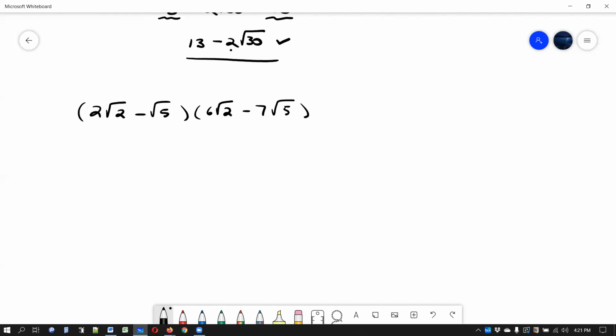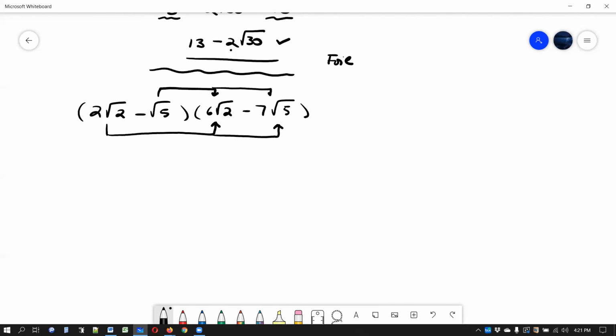Okay. Again, 2 terms and 2 terms, we are going to FOIL. And same as before, FOILing. And keep in mind, this number multiplies this because they are outside of the radical.